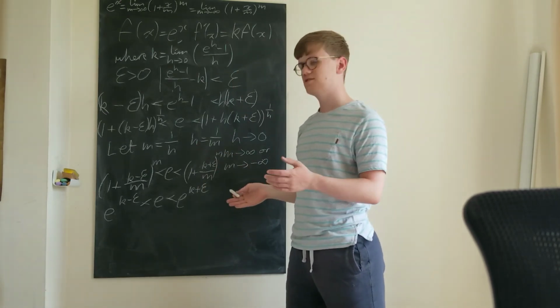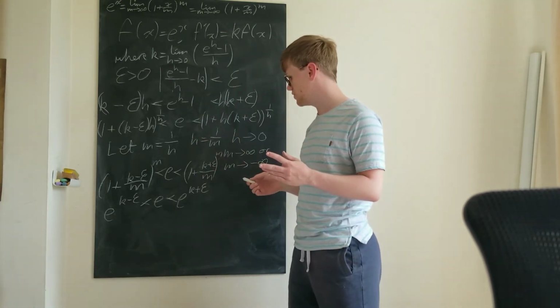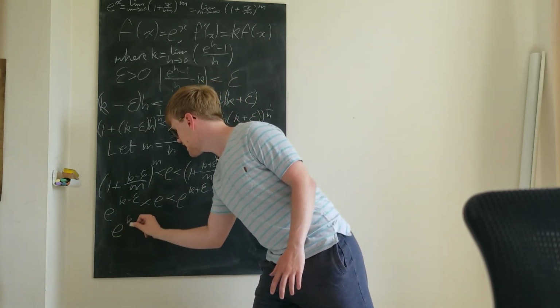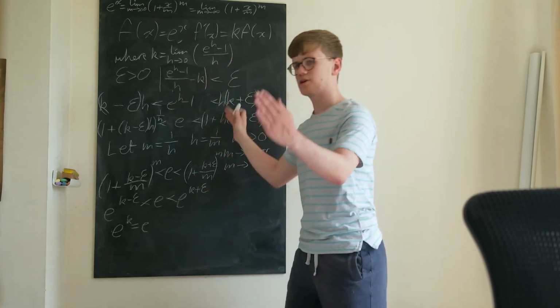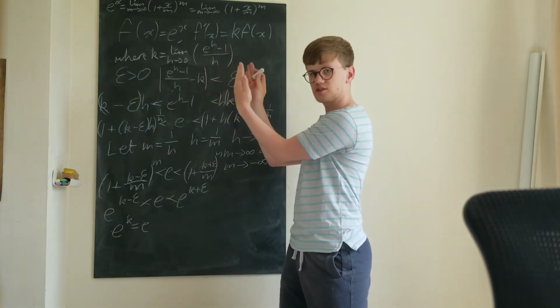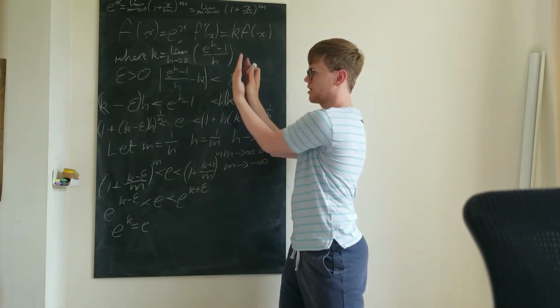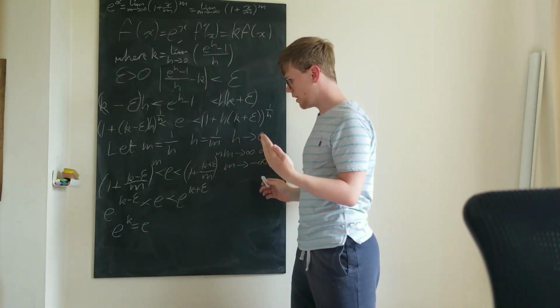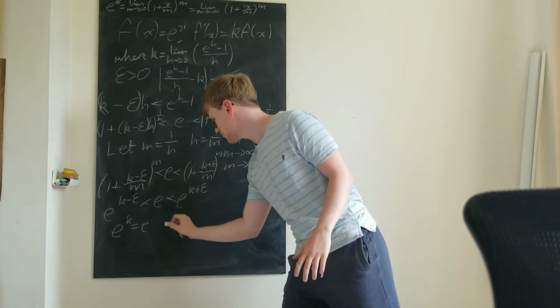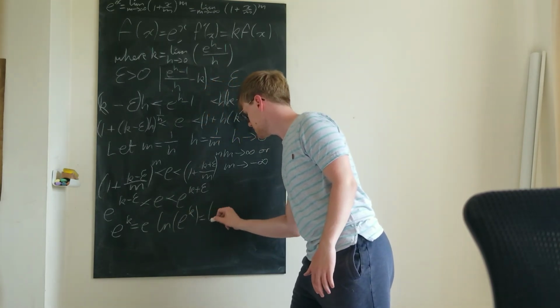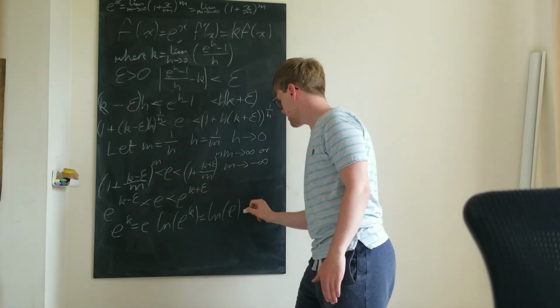And so if I consider what happens as epsilon itself approaches 0, then I get that e^k must be equal to e, because both these sides are converging to the same point, and e is in between both these barriers coming in. And so taking the natural logarithm of each side, natural log of e^k is equal to natural log of e.